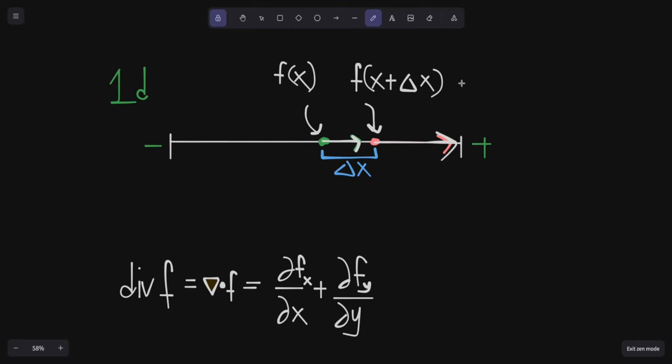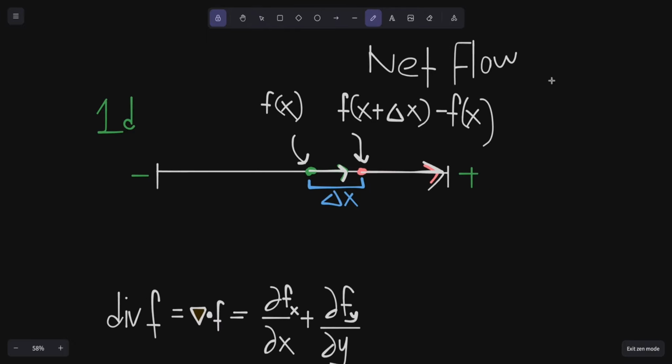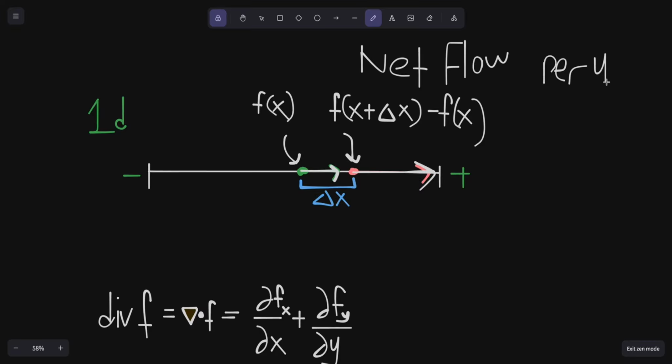So f of x plus delta x minus f of x gives you the net flow. And if we want the net flow per unit length, per distance that we traveled, we're going to divide all of this by delta x. This is going to be the net flow per distance that we traveled, okay?